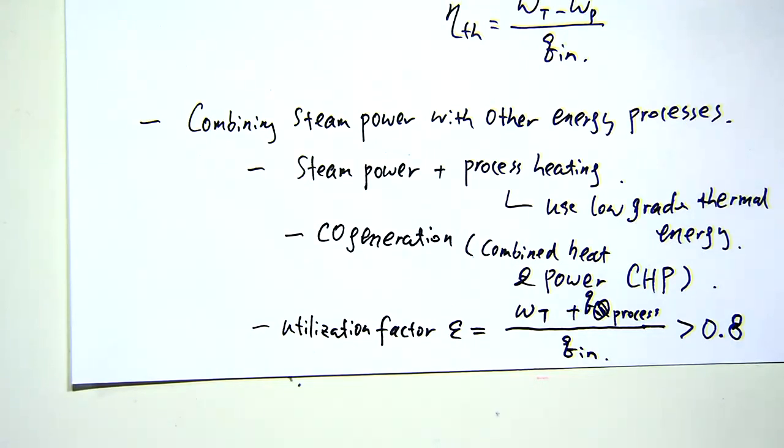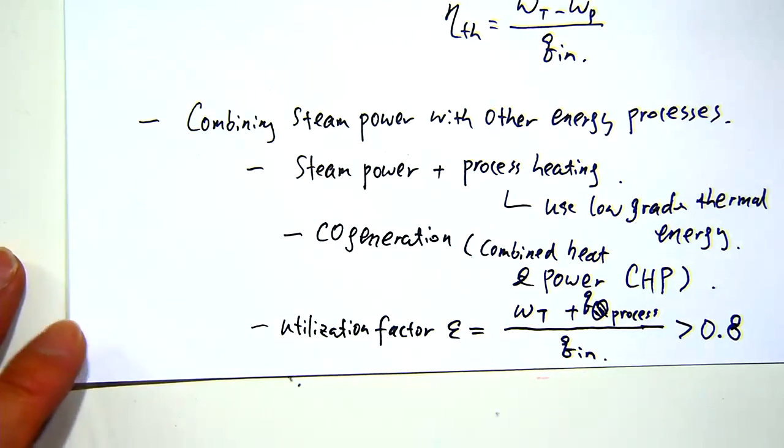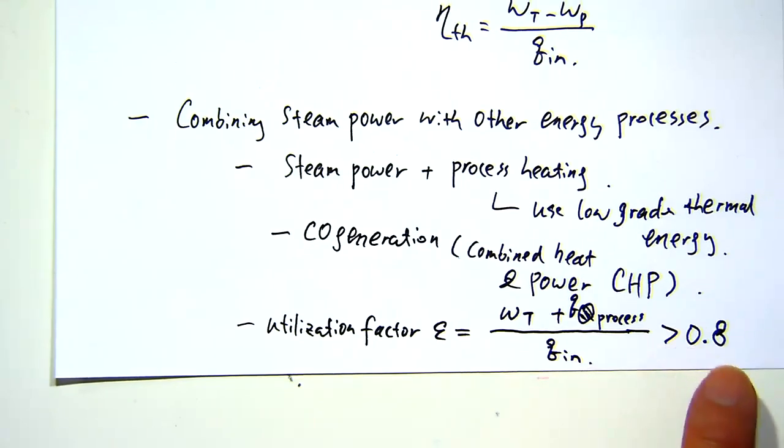And if I ask you one question, why is this process so effective compared to a typical heat engine, which has a theoretical value of no more than 0.5 in terms of the heat converted to work? Why is this process more effective? This percentage is much higher.